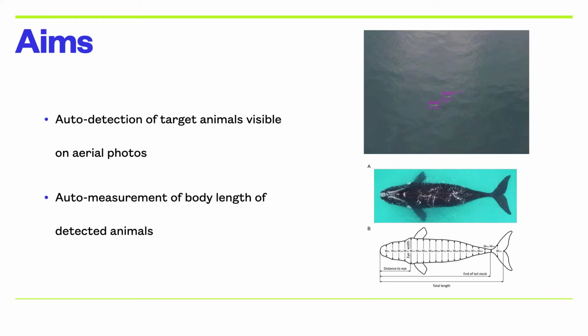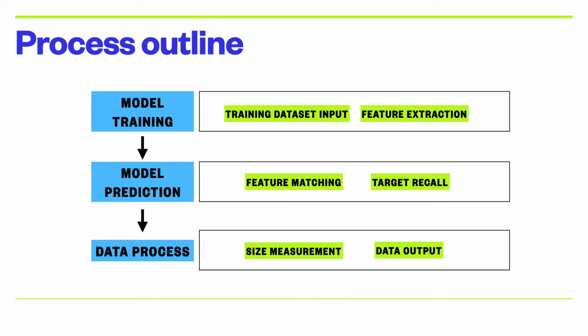And for this study, we aim to achieve auto detection of target animals visible on our aerial photos, and we also want measurement of body length in these animals. So the process outline is first model training.